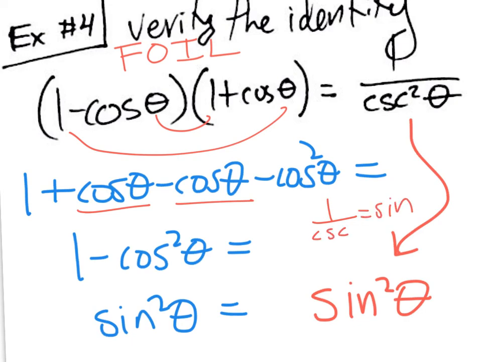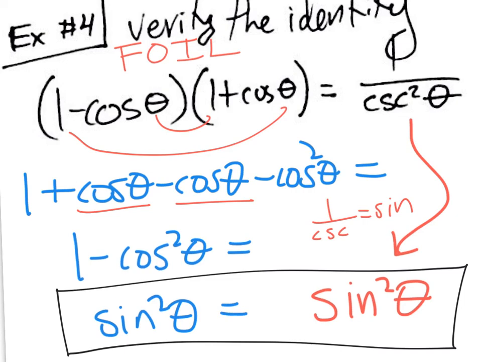This is from the reciprocal identities on your notes page, part 1. And as the last step, I actually did rearrange this side, so we got sine squared theta equals sine squared theta. We have proven it. Pat yourself on the back, give yourself a smiley face, however it goes.